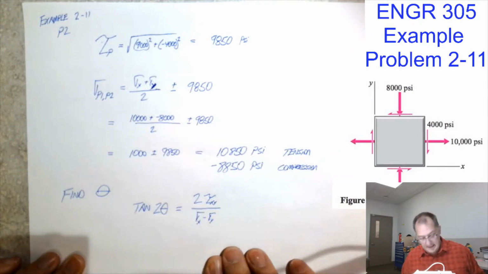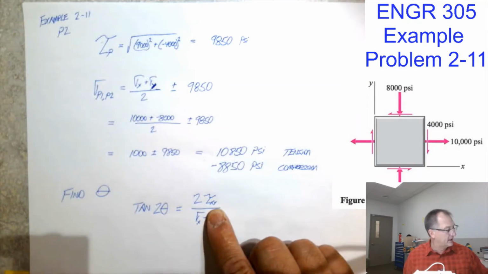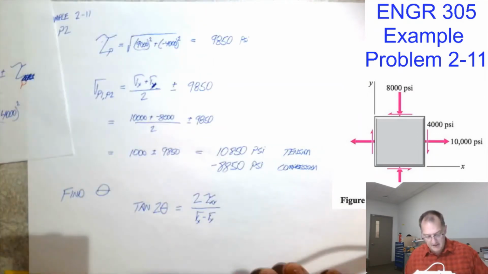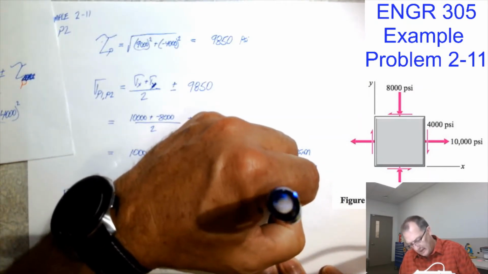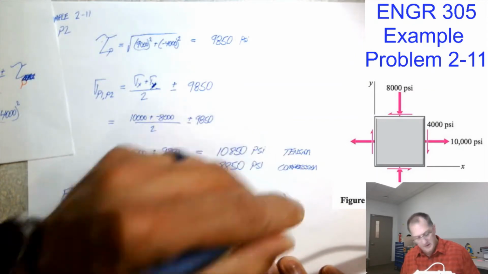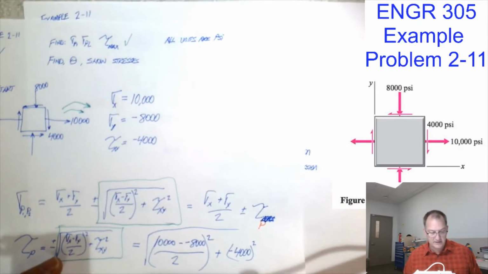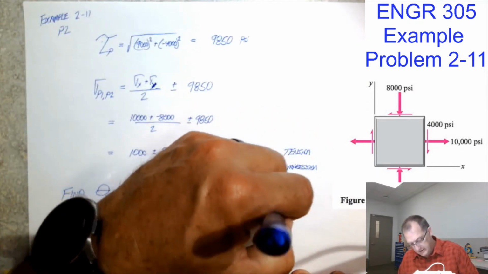I punched that in there, and now we've got 2 times tau xy. I got to go back to my sheet. Tau xy is minus 4,000, so it's equal to 2 times minus 4,000, and then divided by, and that's x minus y, so this is 10,000 minus negative 8,000.